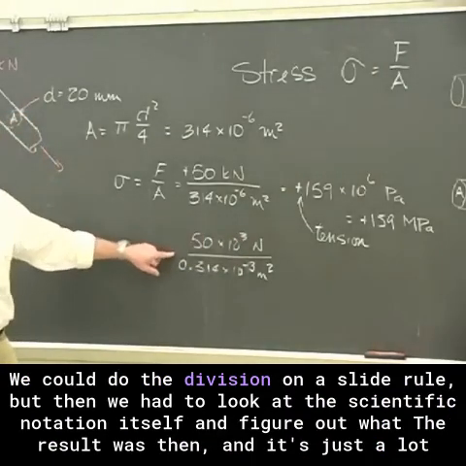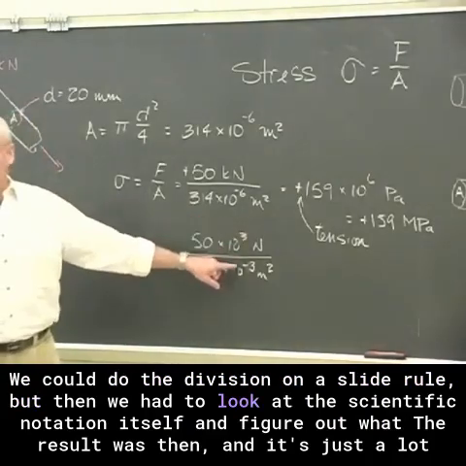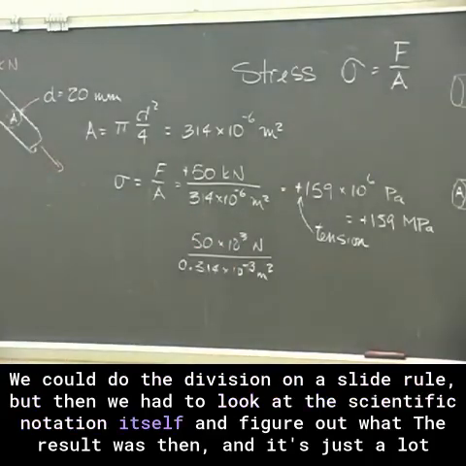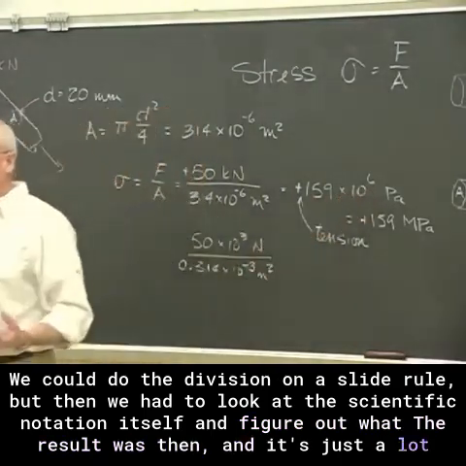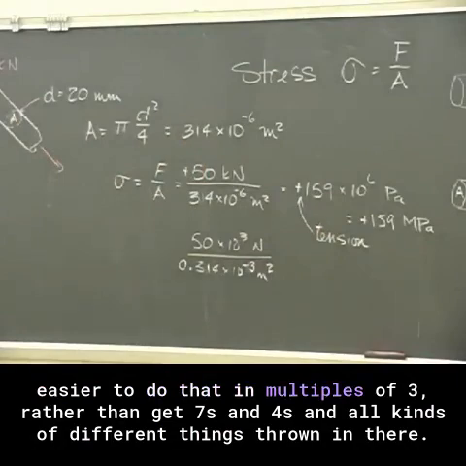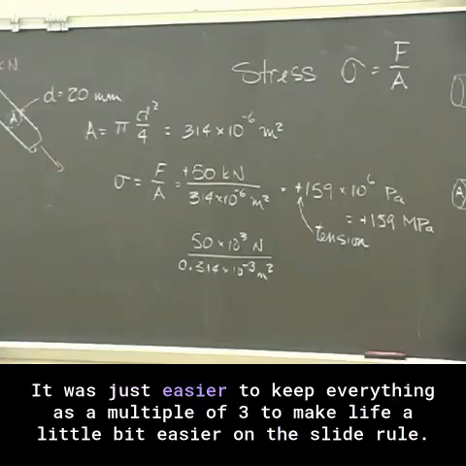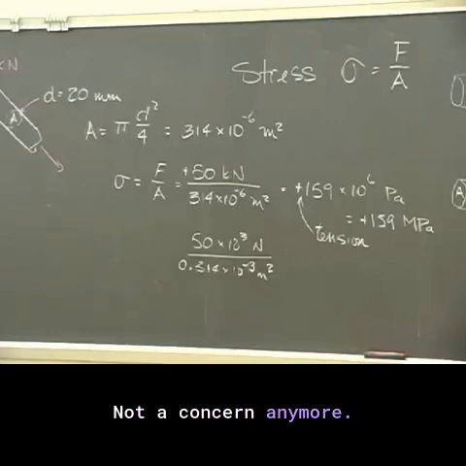We could do the division on a slide rule, but then we had to look at the scientific notation and figure out what the result was, and it's a lot easier to do that in multiples of 3 rather than get 7s and 4s and all kinds of different things thrown in there. It was just easier to keep everything as a multiple of 3 to make life easier on the slide rule.